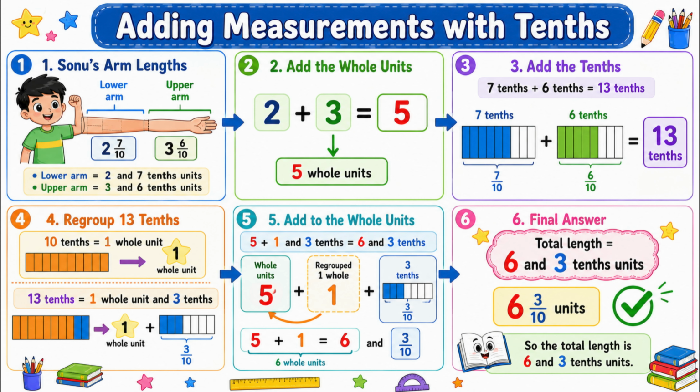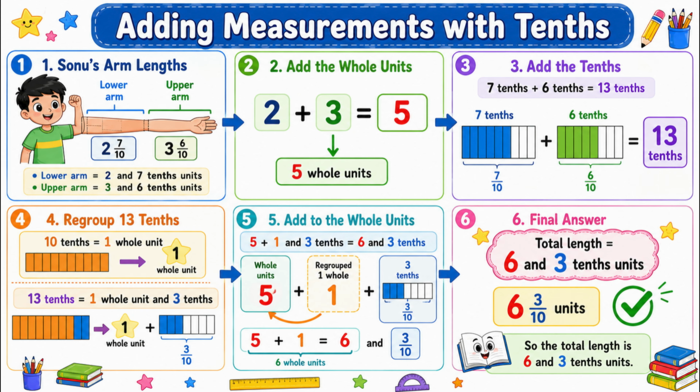Adding measurements with tenths. Let us add Sonu's arm lengths. His lower arm is 2 and 7/10 units. His upper arm is 3 and 6/10 units. First, add the whole units. 2 plus 3 equals 5. Now add the tenths. 7/10 plus 6/10 equals 13/10.